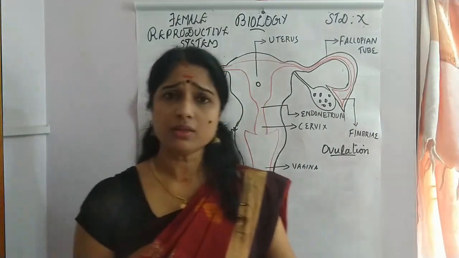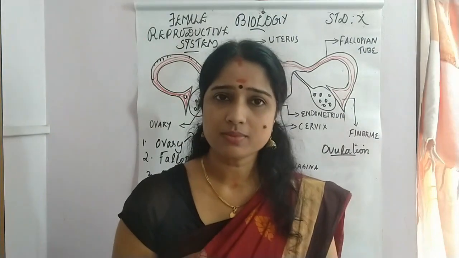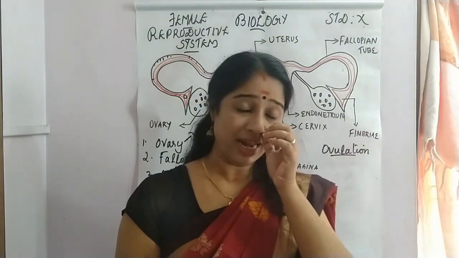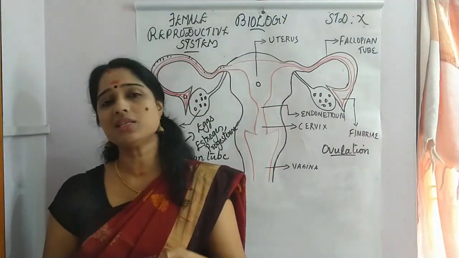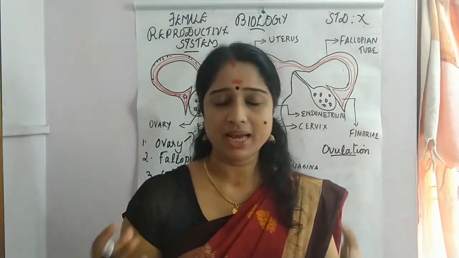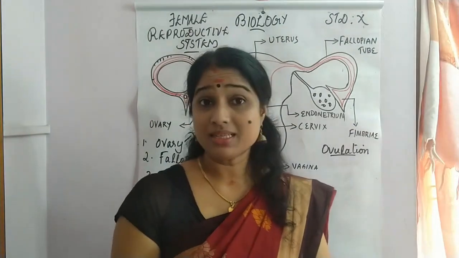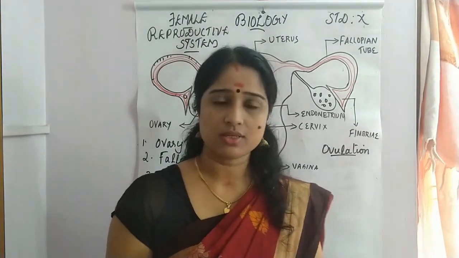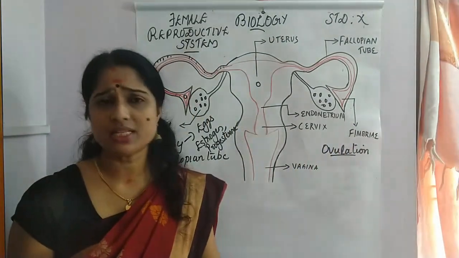Do you think every month the baby will go to the uterus? Is it possible? No, rarely. Once in a year, or depending upon the number of children a couple is having, it changes. Normally every month it doesn't take place at all.